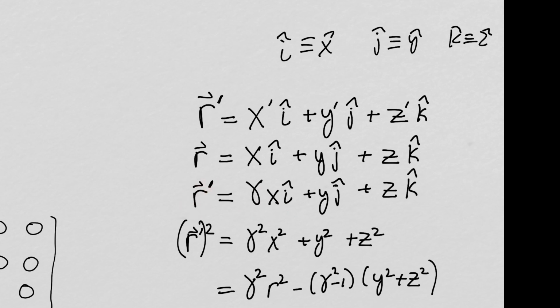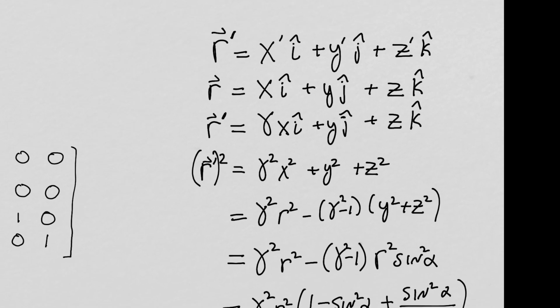So the coordinates in the dipole frame are just going to be the same as the coordinates in the lab frame, with the exception that all the x coordinates are going to have this factor of gamma introduced.